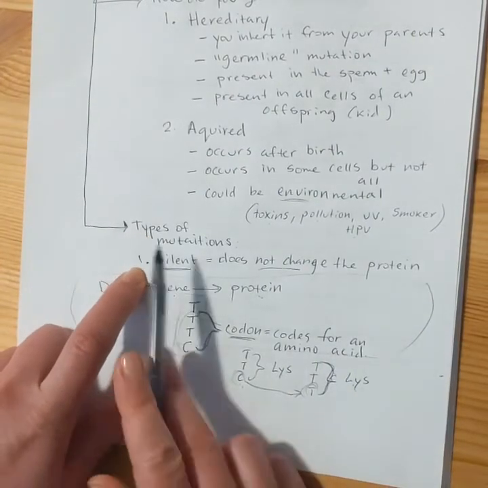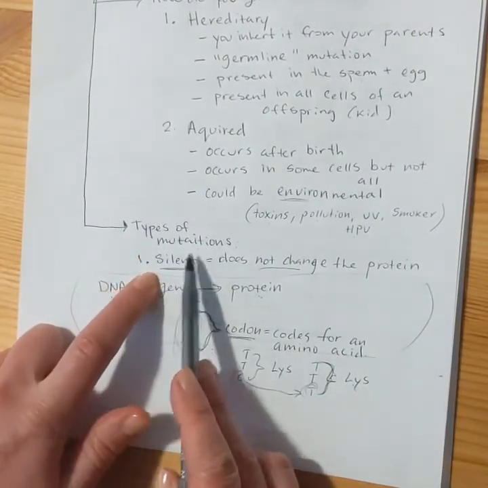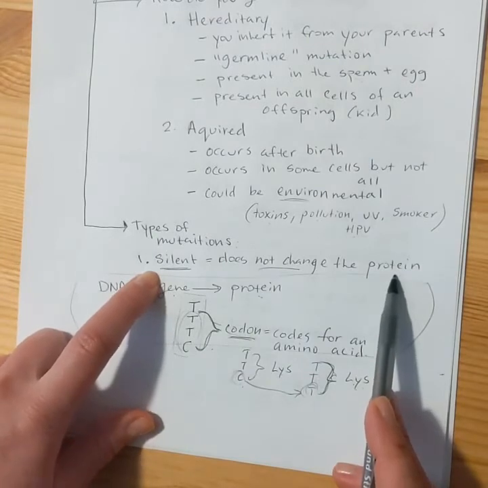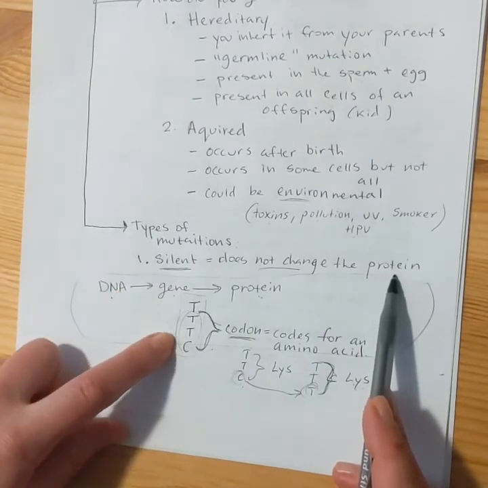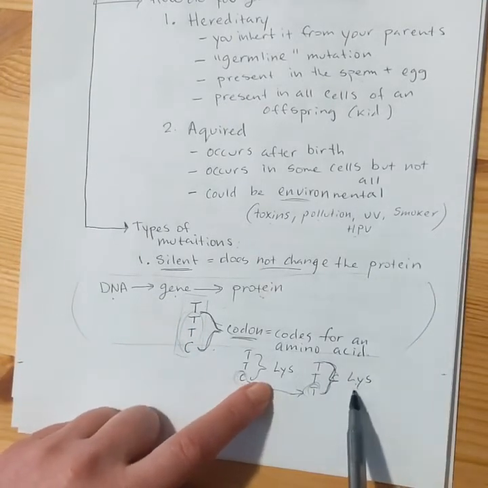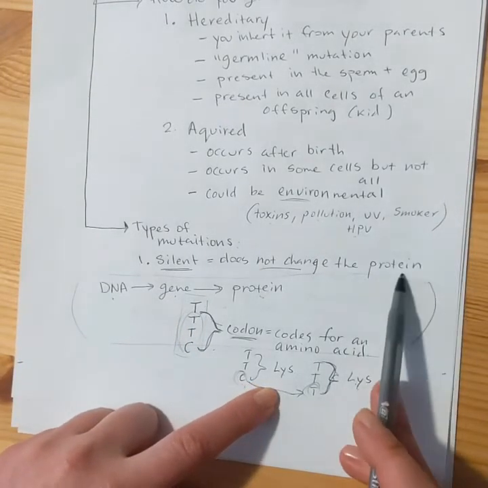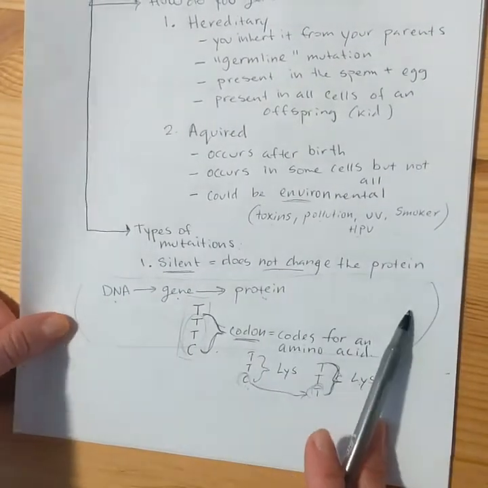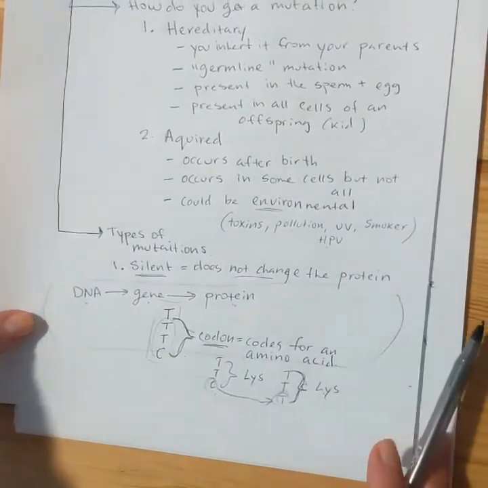We have 3 types of mutations. We have mutations that don't change the sequence of a protein. And that's because even though your codon is changed, your overall amino acid is not changed, and so your protein doesn't change. So these are called silent mutations because they don't really have an effect on our proteins.